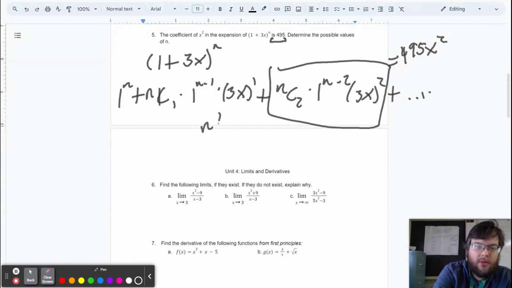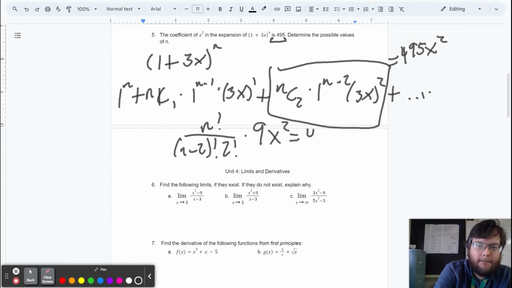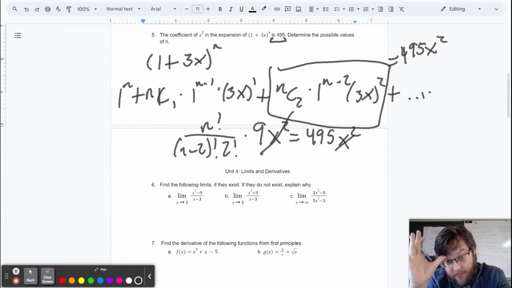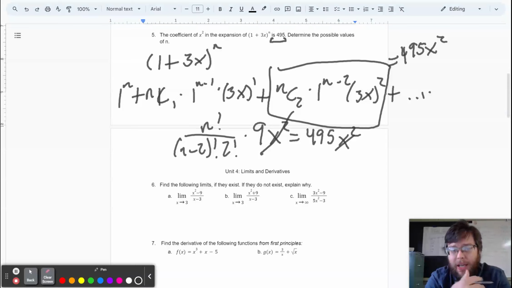So n choose 2 can be written like this, just like I talked about previously. 1 to the n minus 2 is irrelevant. 3 squared is 9. I can get rid of the x squareds because I only care about the values of n. And then I have, let's see, I guess I can divide by 9.